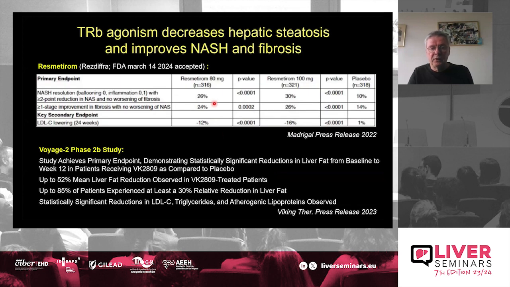And of course, this brings me to the recent news from earlier this week or last week, it was March 14, that resmetirom, which is a hepatocyte-targeted TR beta agonist, has shown to achieve the endpoints that were studied in at-risk NASH patients, as I discussed in the beginning, namely NASH resolution without worsening of fibrosis, or fibrosis improvement without worsening of NAS.